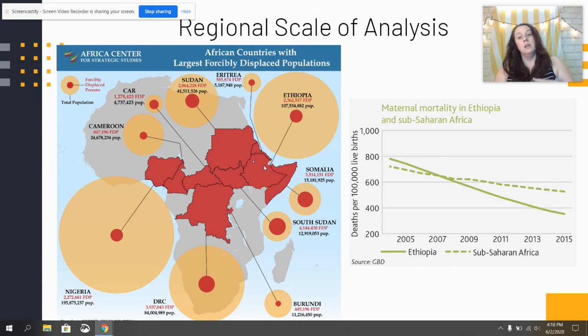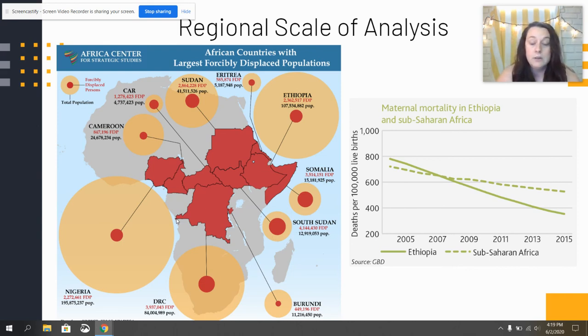So after explaining that, right, I'm looking at a region in sub-Saharan Africa with the largest forcibly displaced populations. Basically what this means is these are countries that have the largest numbers of people that have been forced to leave their homes or their countries of origin due to things like natural disasters or violence and war.